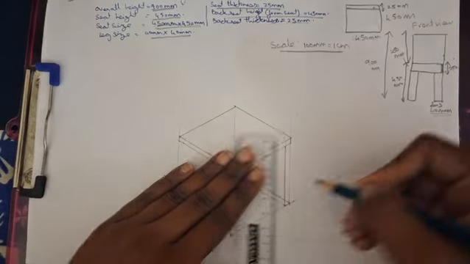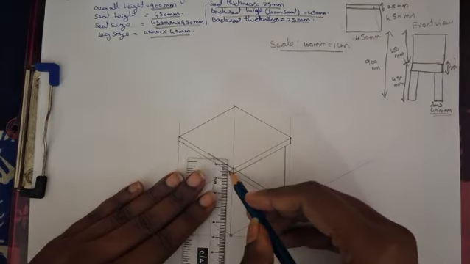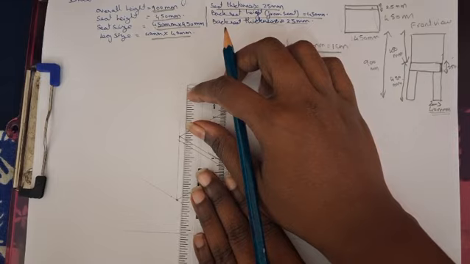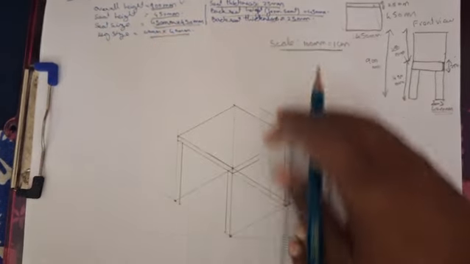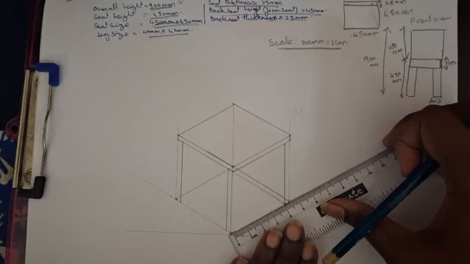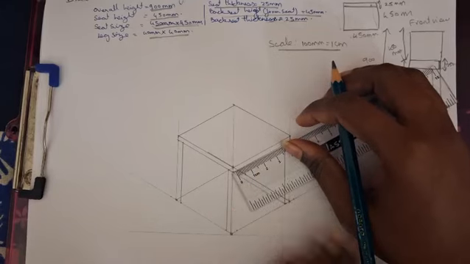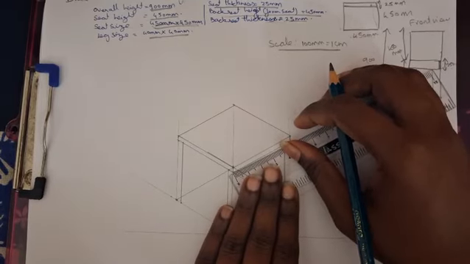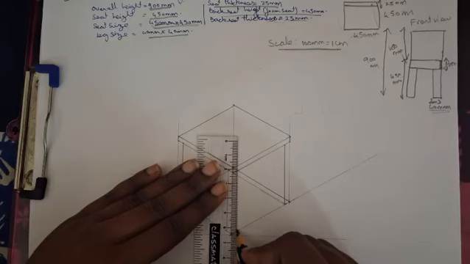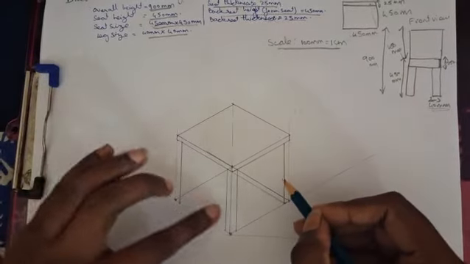So let me draw the thickness of the leg. Now we have completed drawing the seater and the leg.